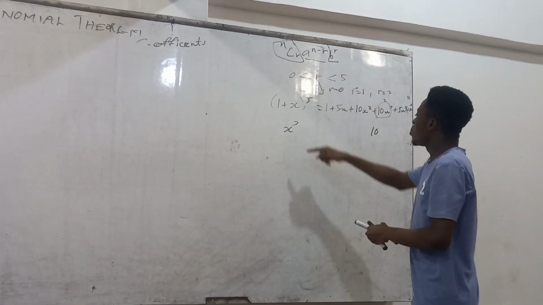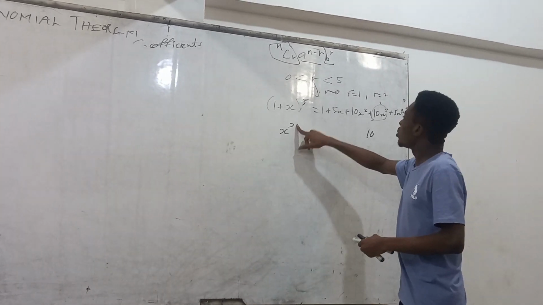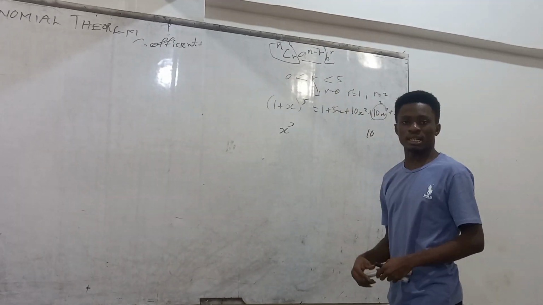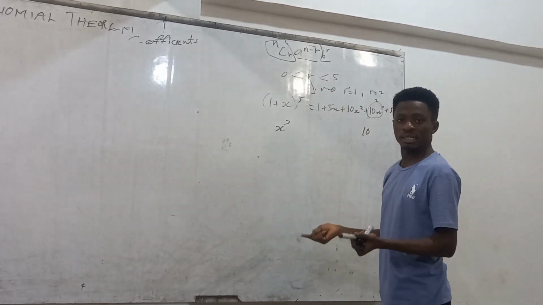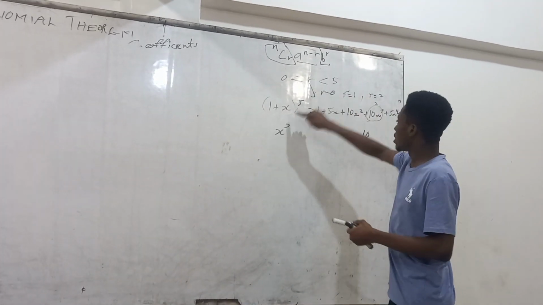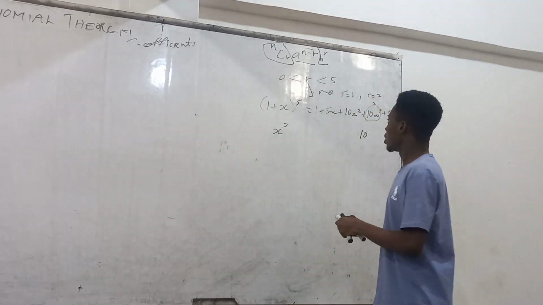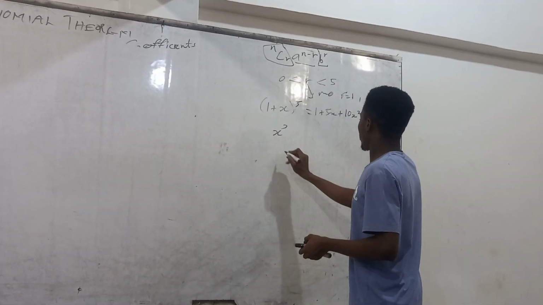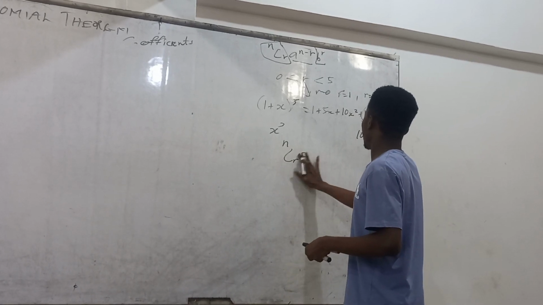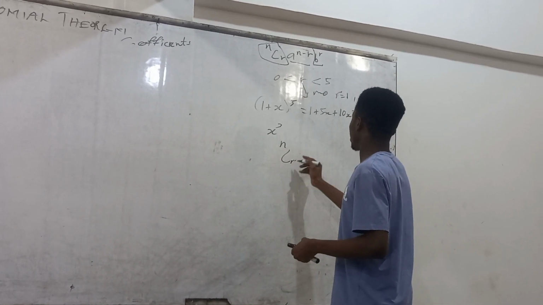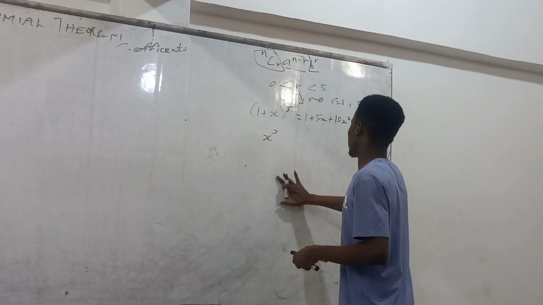So 1 is A and X is B. So if we want X to be 3, then we should make sure that the B is 3, because B is equal to X. So if you want X to be 3, then B should also be 3. So N combination R, let's use the values.